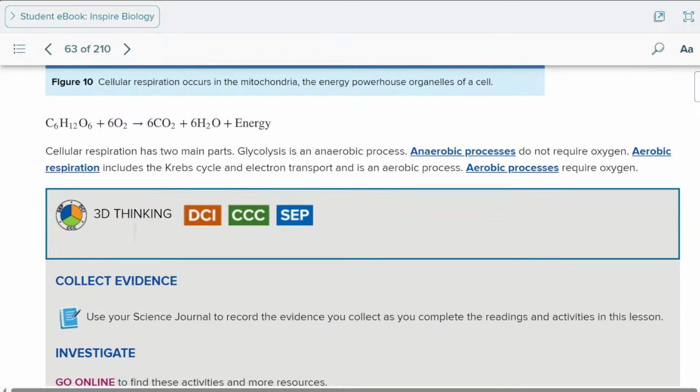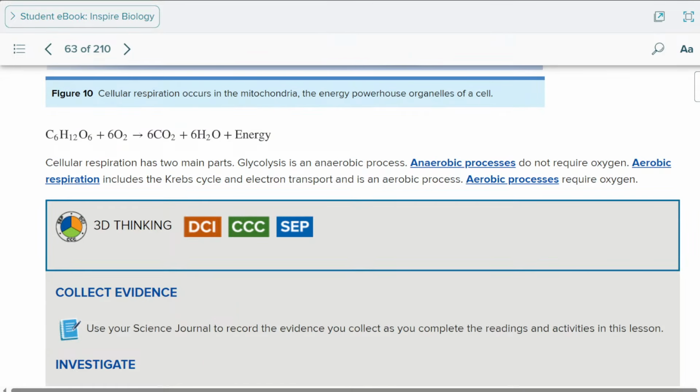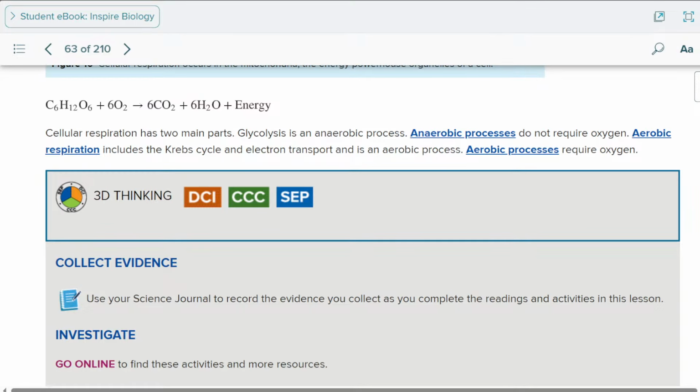As you see here, this is the glucose, C6H12O6. Cellular respiration has two main parts: glycolysis, which is an anaerobic process and does not require oxygen, and aerobic respiration, which includes the Krebs cycle and electron transport.